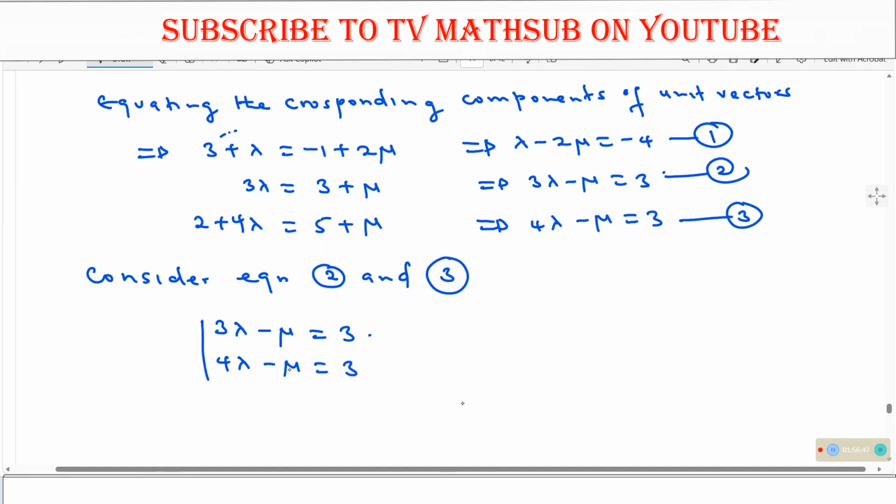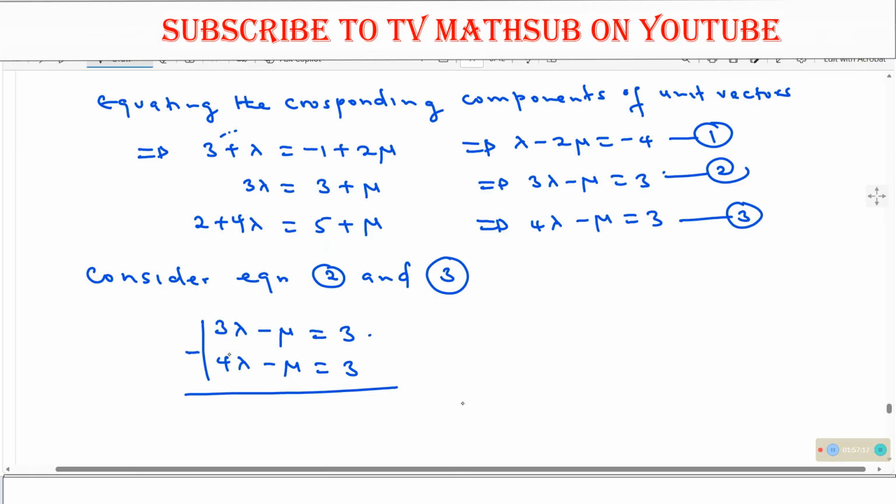To eliminate mu, we subtract. So if you subtract, you remain with negative lambda.